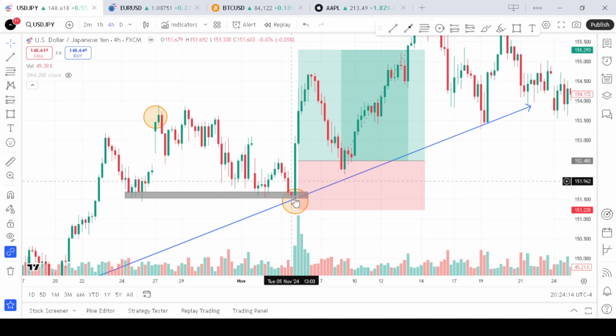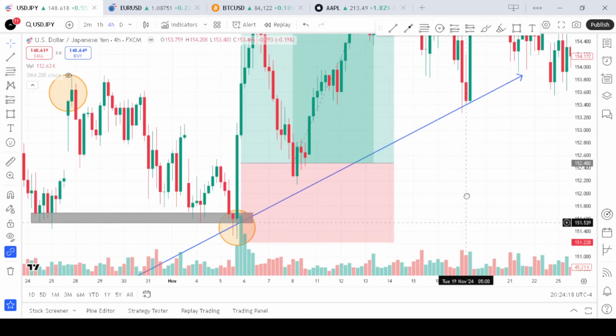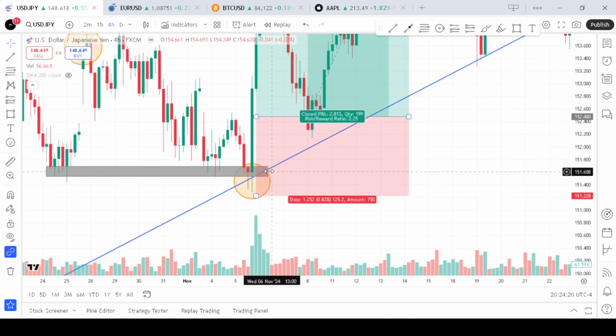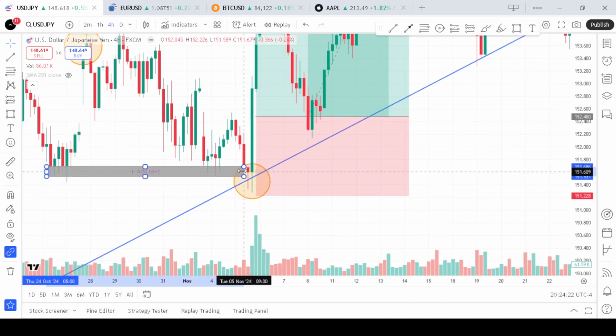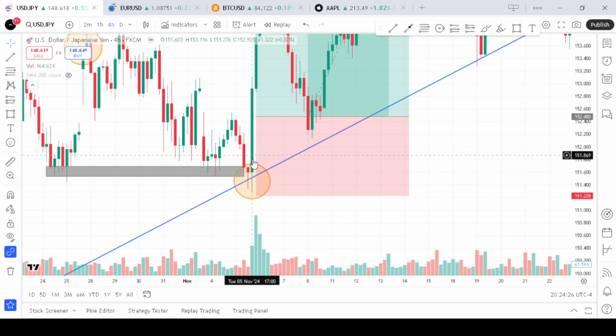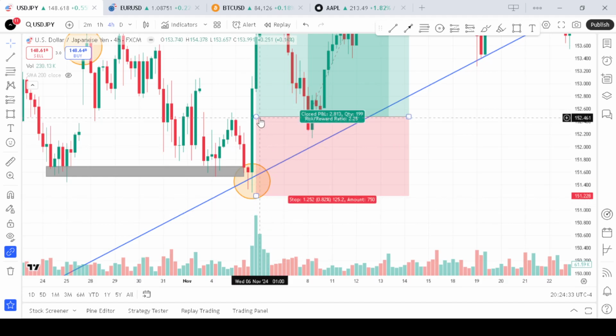As we can see, after our hammer at our area of value, this support region and on our trend line, our next confirmation candle had an increase in volume, further validating this setup.